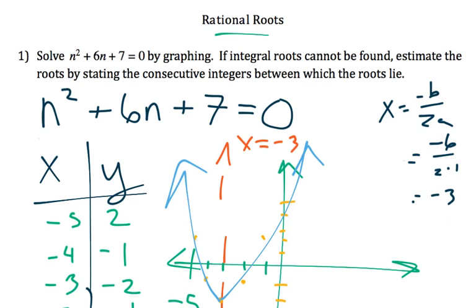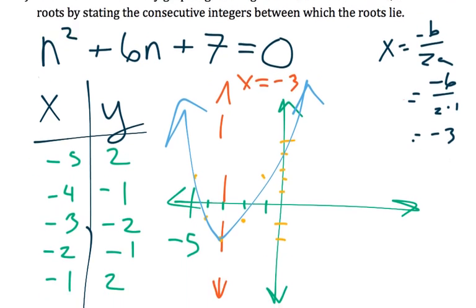If we were told to find, then we would have to be exact. But since it says estimate, we can kind of just be in the right ballpark. So we're going to estimate the roots by stating the consecutive integers between which the roots lie. And so as I look at this root here, I can tell that one is between -2 and -1.